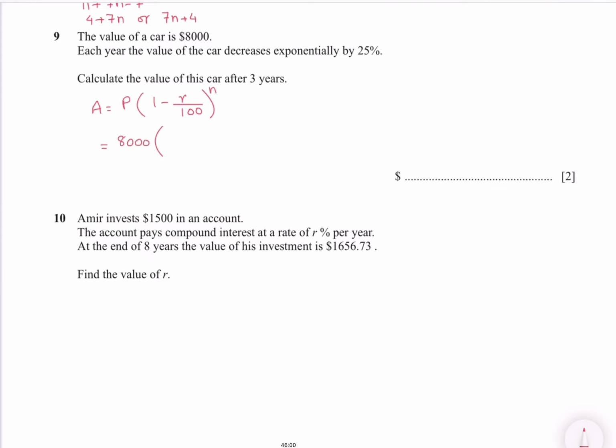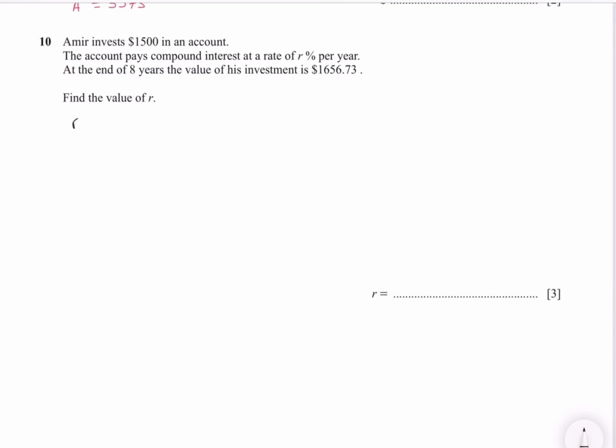Your P is 8,000, 1 minus R is 25, and n is 3. Now use a calculator to find the value. This is $3,375.